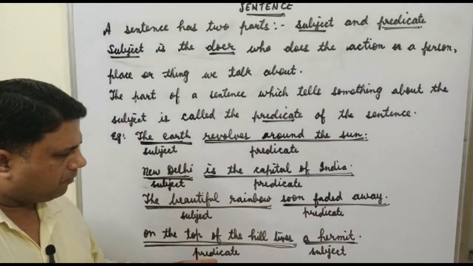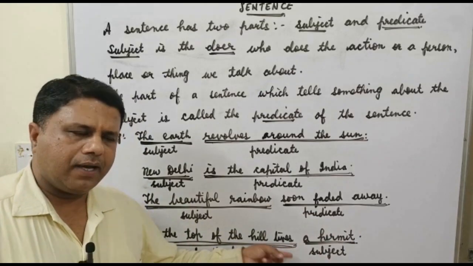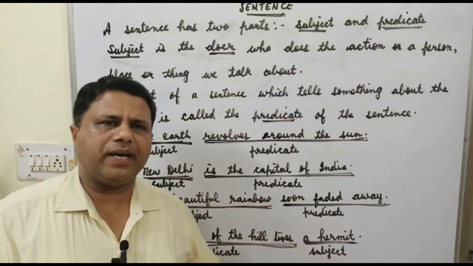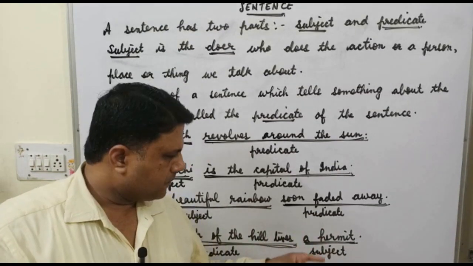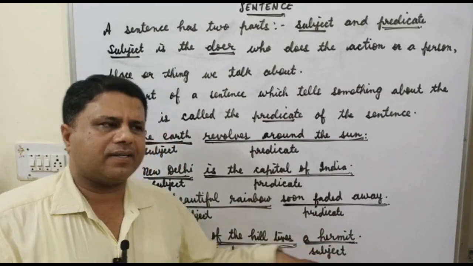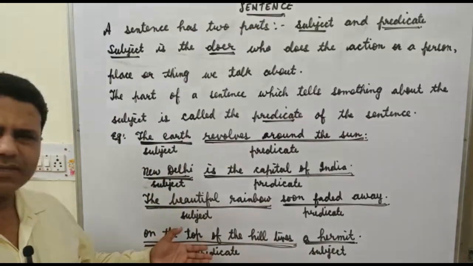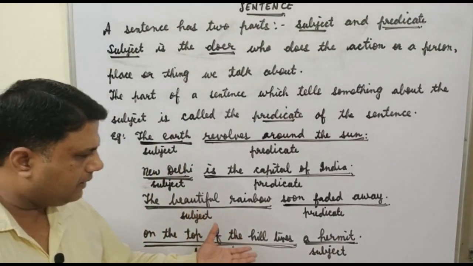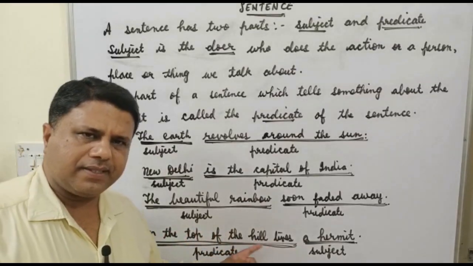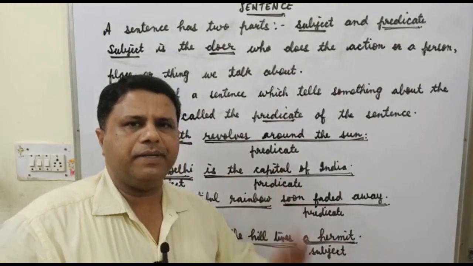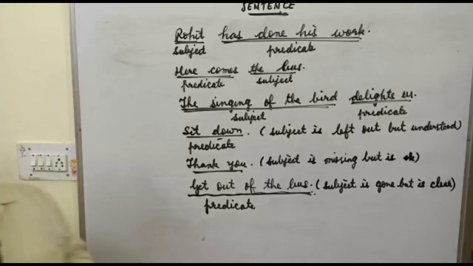See, on the top of the hill lives a hermit. Here what is the subject? About whom are we talking? We are discussing a hermit. So this is the subject, and what is the action associated with the subject? That he lives on the top of the hill. On the top of the hill lives is the predicate, and a hermit is the subject.